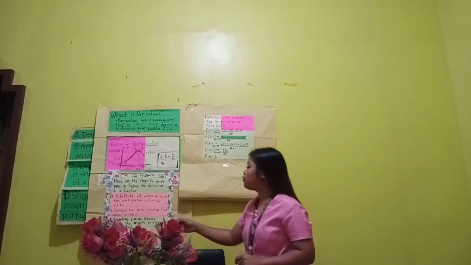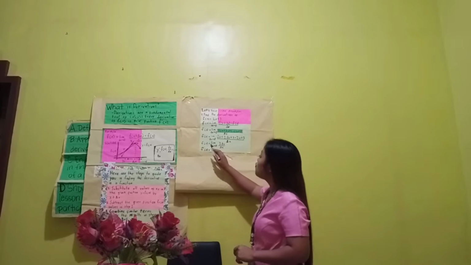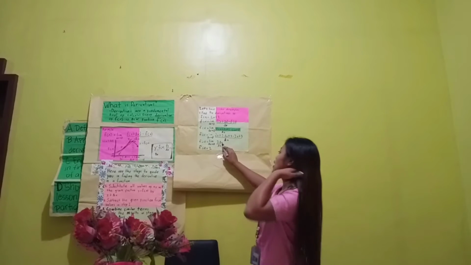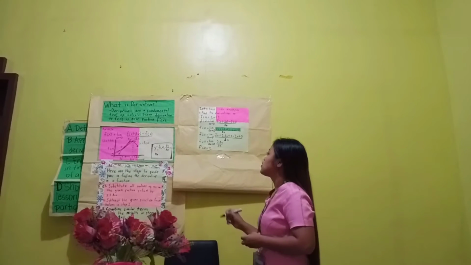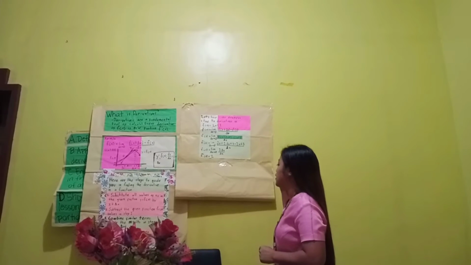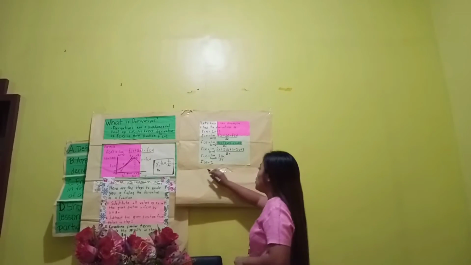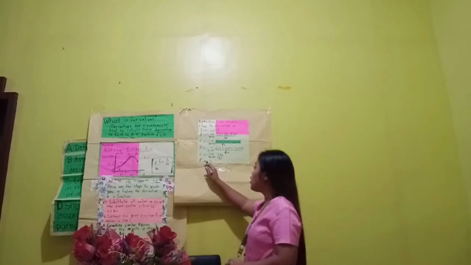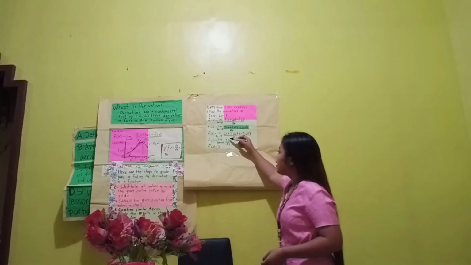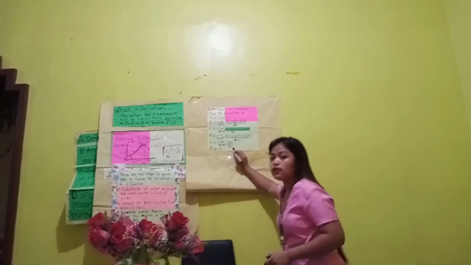So, let's combine. f prime of x equals the limit as delta x approaches 0 of 2 delta x over delta x. So, the last is take the limit of the result as delta x approaches 0. So, our answer is f prime of x equals 2. We divide the 2 delta x by delta x.